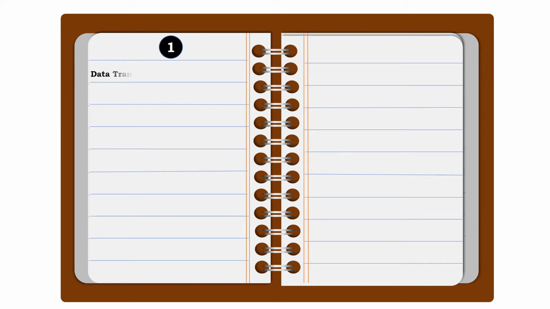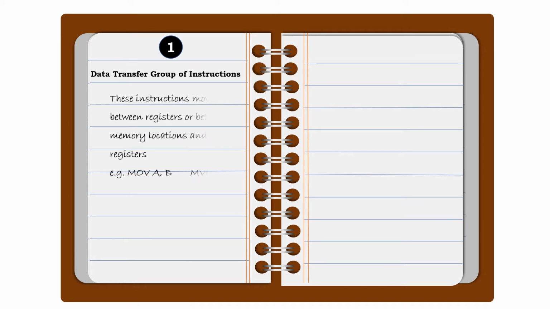So the first group is the data transfer group of instructions. The name itself suggests that this group of instructions is used to transfer data from one place to another place, that is, between registers or between memory locations and registers.